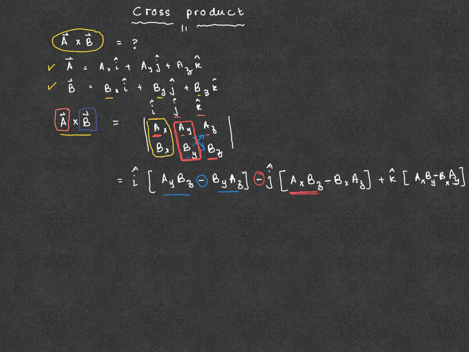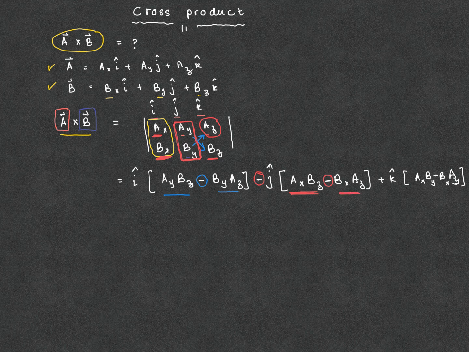That's the product you see over here. Nothing inside the parenthesis changes. The negative in the middle stays the same. And then we go from BX to AZ over here, and that's what you see there.